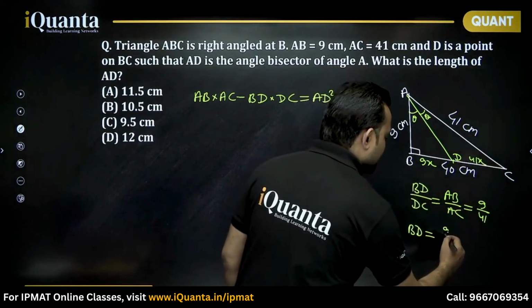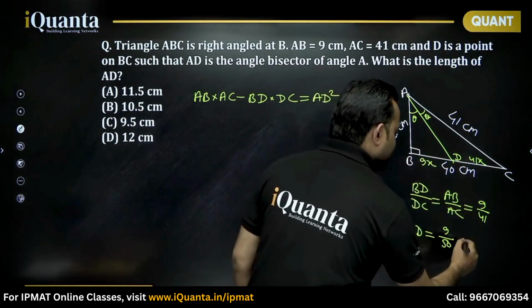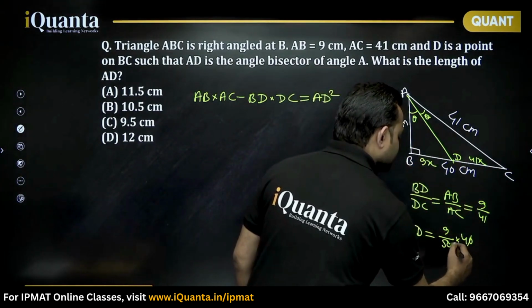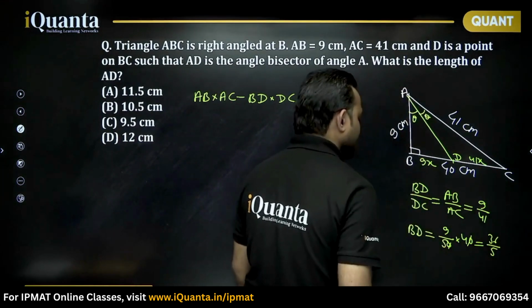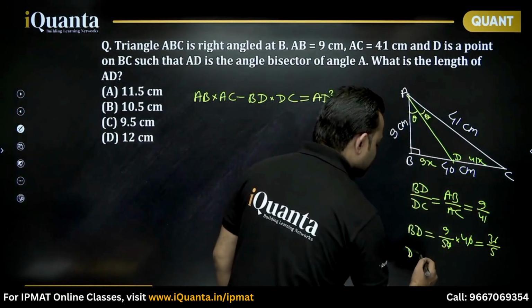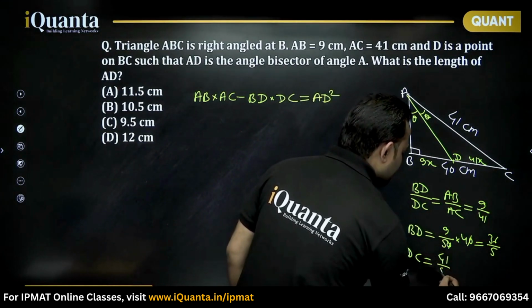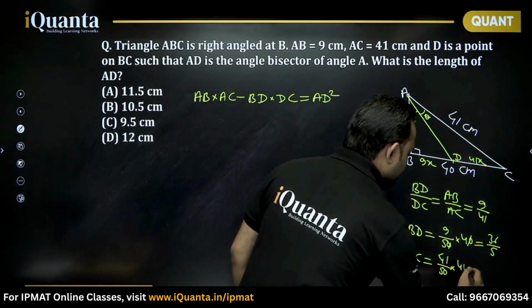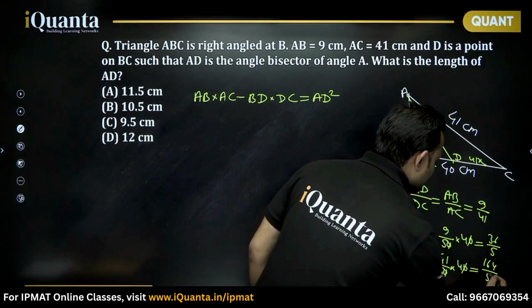So BD is 9 parts out of 50 into 40, which is equal to 36 upon 5. What will be the length of DC? DC will be 41 out of 50 into 40, which is equal to 164 upon 5.